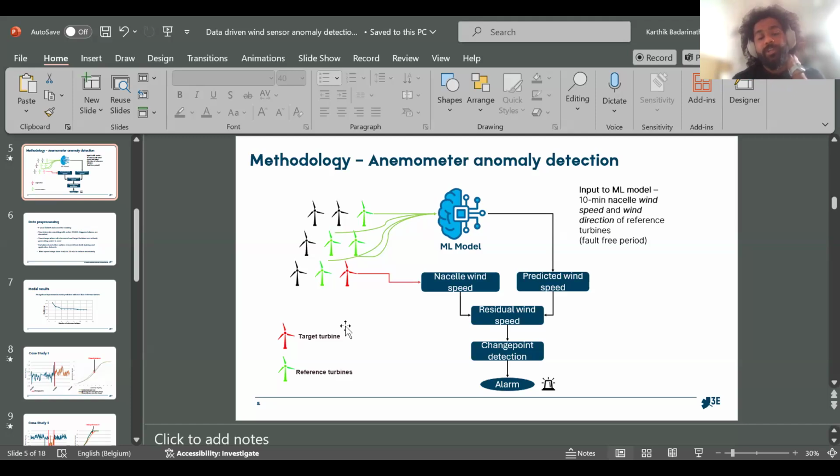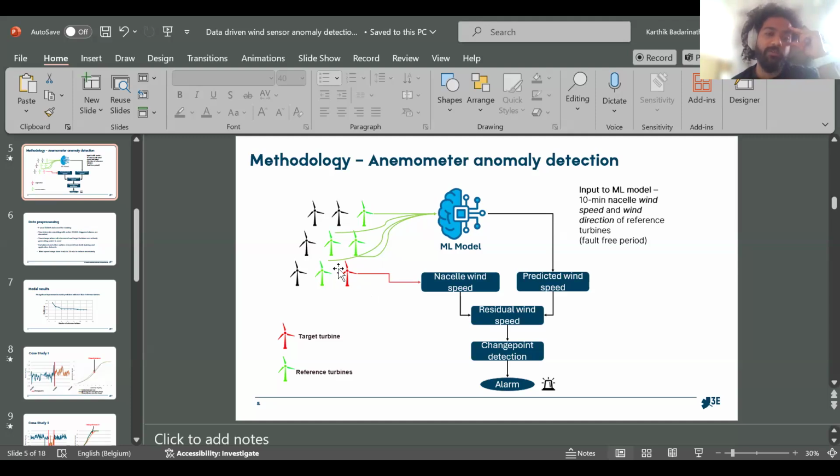If there is a change in 3 or 4 of the reference turbines, or say in the nacelle transfer function of half of the fleet, which is usually not the case because if they change the nacelle transfer function it would be all the turbines, then the model wouldn't work, I guess.